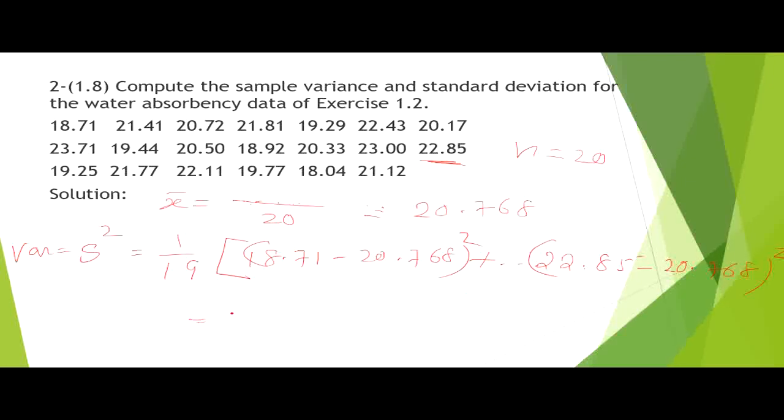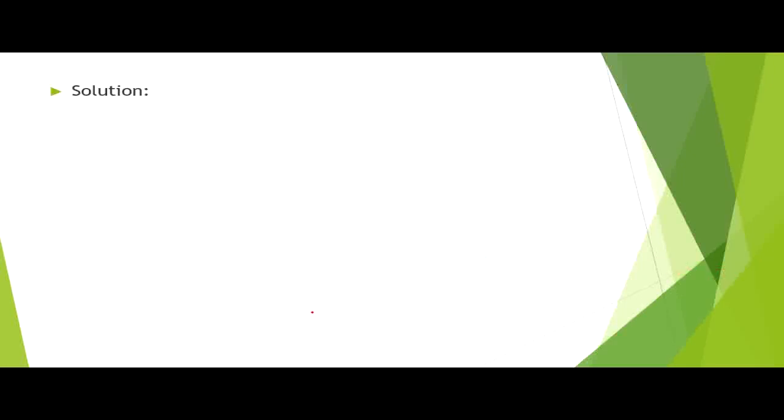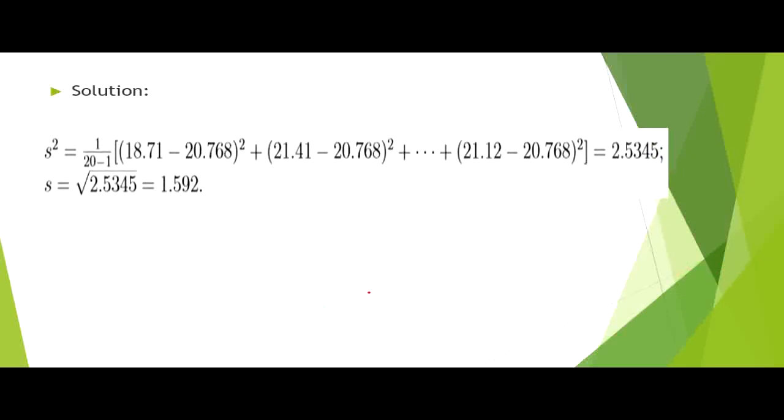When you do this, you find the variance, which is 2.536345, and when you take the square root of the variance you will find the standard deviation, which is 1 point.